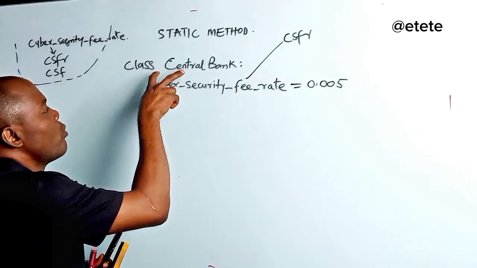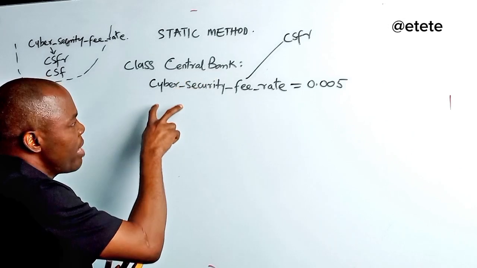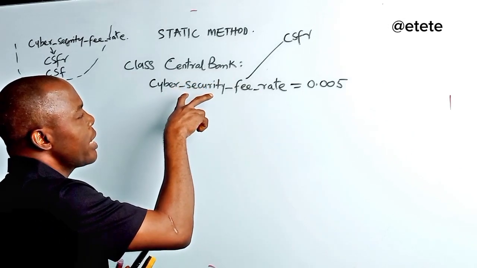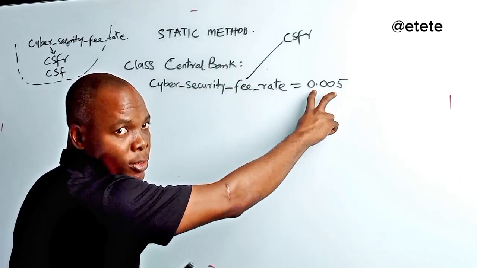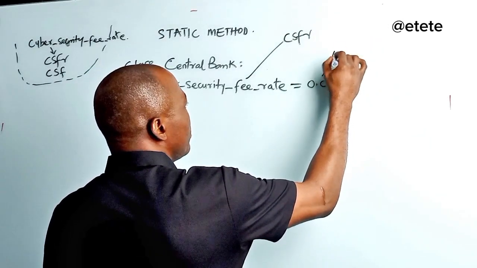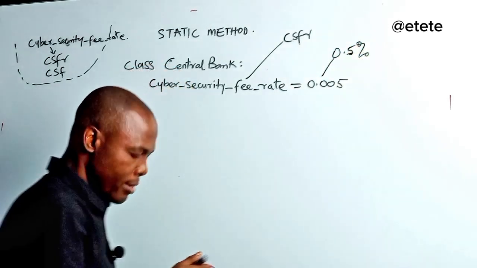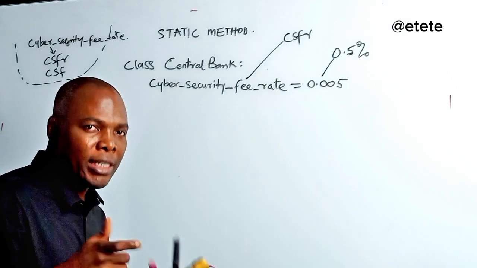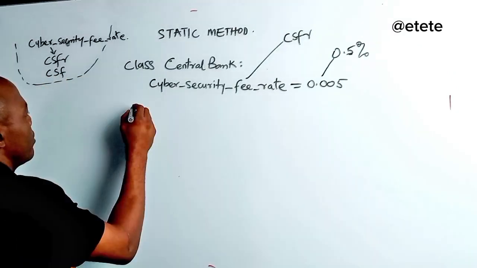All right. So we've created a class, which is class central bank. And then we have created cybersecurity fee rate, which is the class variable, and we have assigned it 0.005, which is actually 0.5%. Now I'm going to create a static method that will do the calculation.